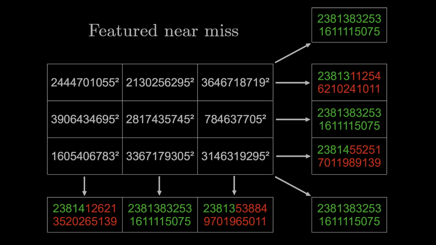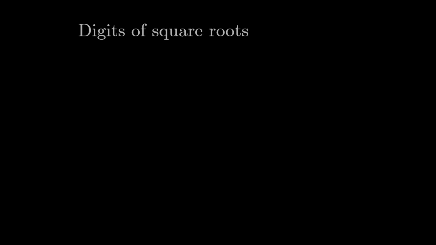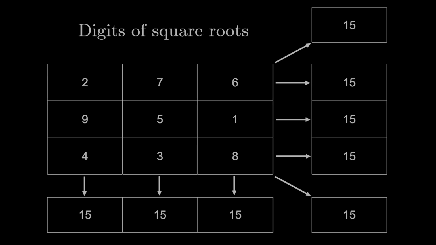We could obtain such kind of result where all of the sums are just a bit different if we take the digits of square roots. So let's take a look at this magic square and let's transform it into a magic square of perfect squares.